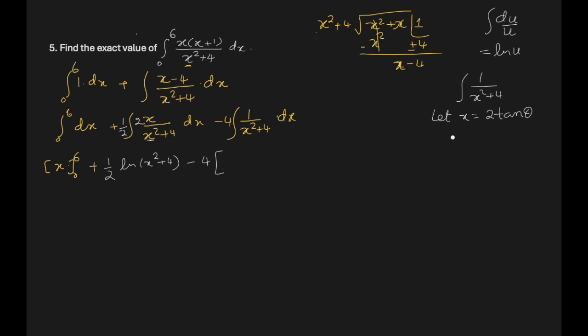Because if I square x, it will be 2 tan theta square as well. So x square becomes 4 tan square theta. So in place of this x square, I can write 4 tan square theta, and we already had a 4 after that.